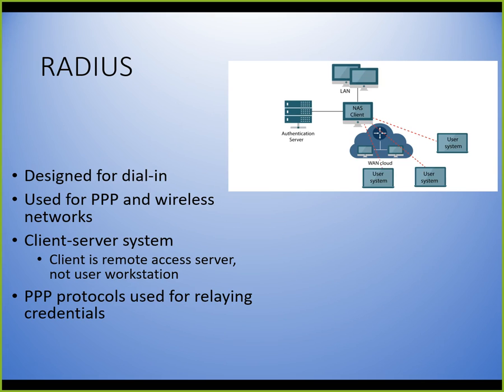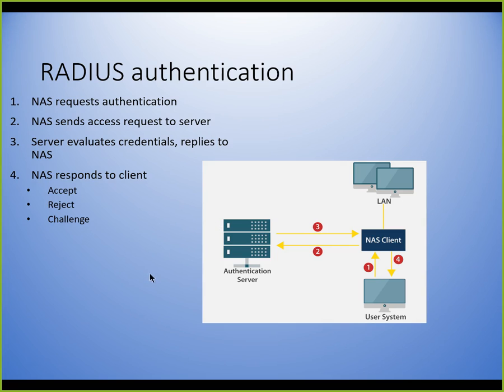This is just terminology. So the client is actually the device, and in the one that we showed in Packet Tracer, the client would be the switch, the device that's asking the authentication server whether it's okay to let this user activate the port. PPP protocols are used for relaying the credentials on these things.